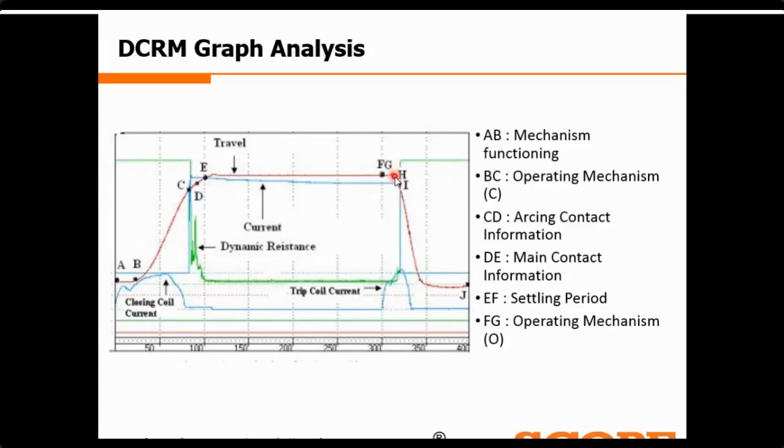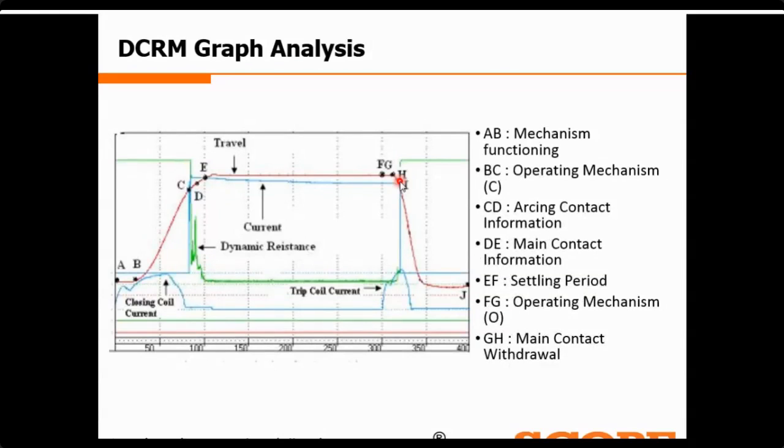Now at point G, when the opening operation starts, the operating rod starts moving downwards. From point G to H, the moving contacts start gliding by the pull of the operating rod.